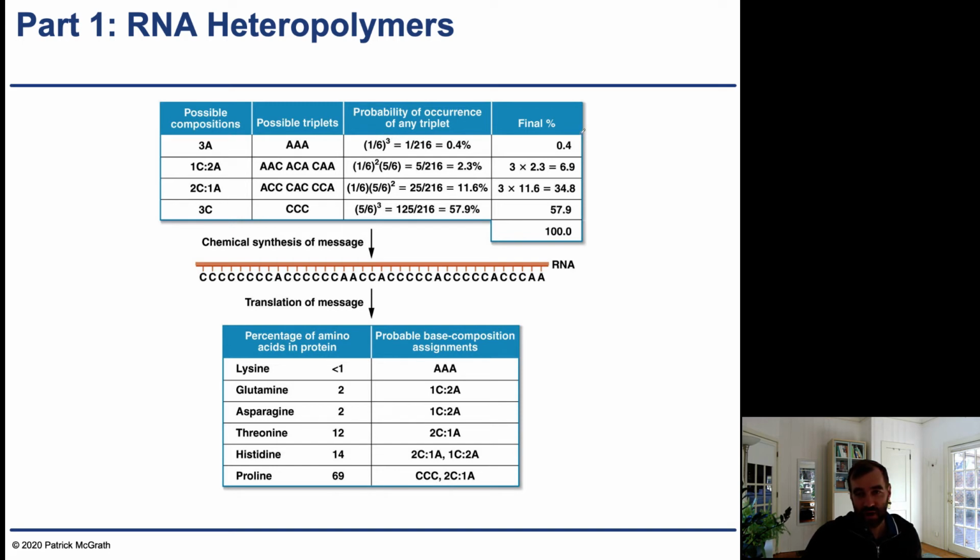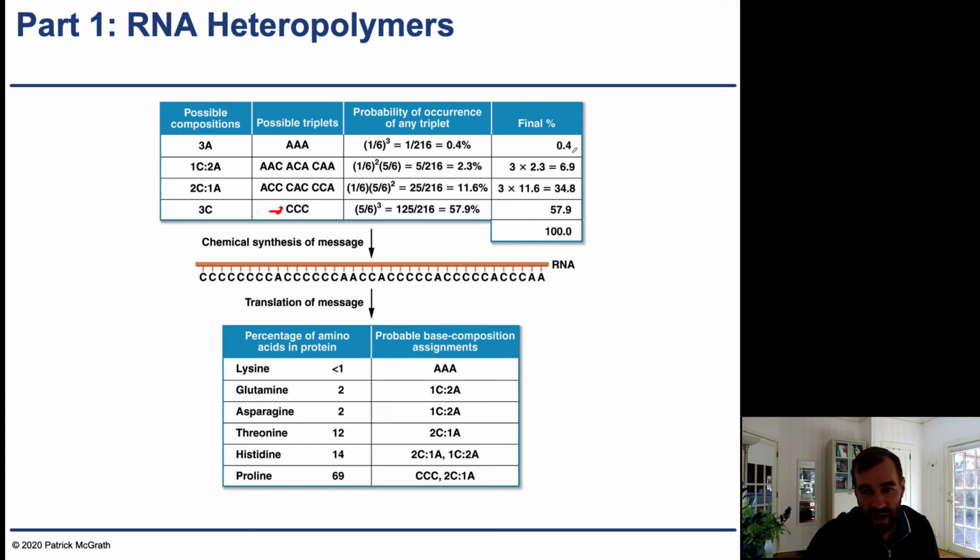And so that's about 0.4%. For these three, the probability is (1/6) squared times 5/6. For this one, it's 1/6 times (5/6) squared. And for this last one, it's (5/6) to the third power. So the probability of CCC is this.